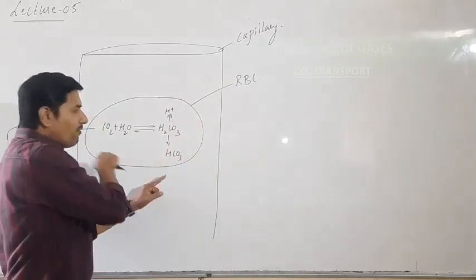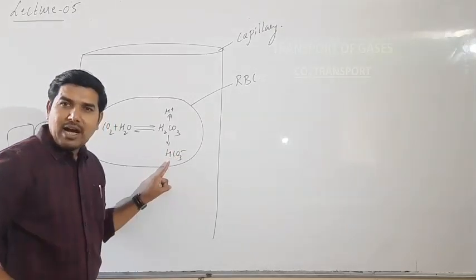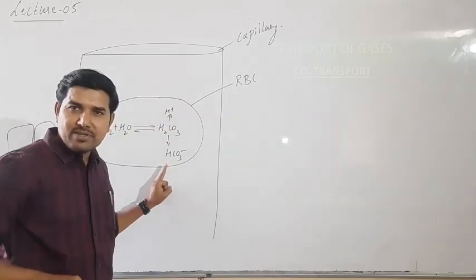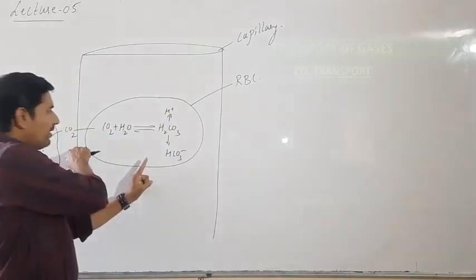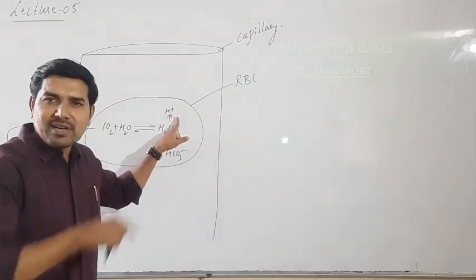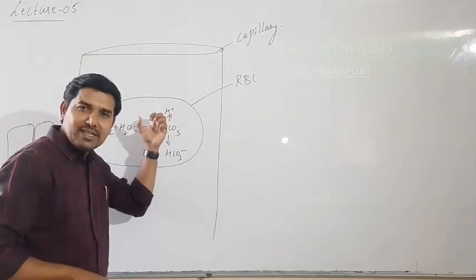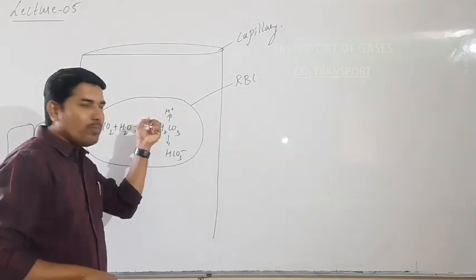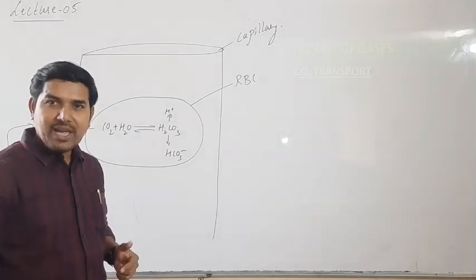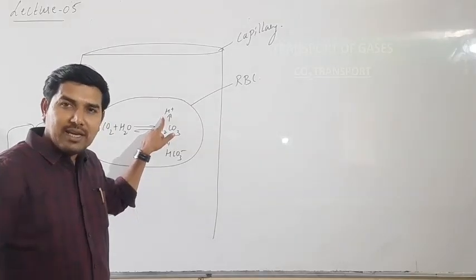Now, the membrane of RBC is permeable to negatively charged ions, while it is impermeable to positively charged substances. As a result, if this process occurs continuously in the RBCs, then the hydrogen ion concentration increases in the RBC. It leads to an acidic condition, and later this acidic condition may lead to the bursting of the RBCs, leading to death. As a result, this H plus which is released is buffered by hemoglobin.